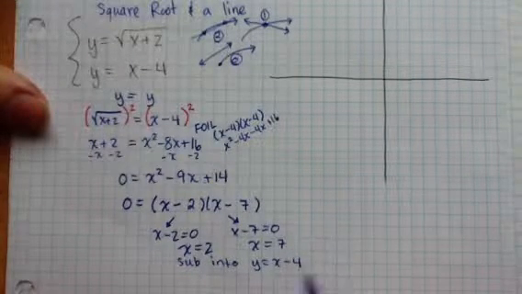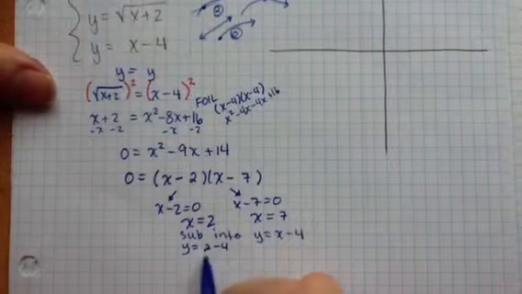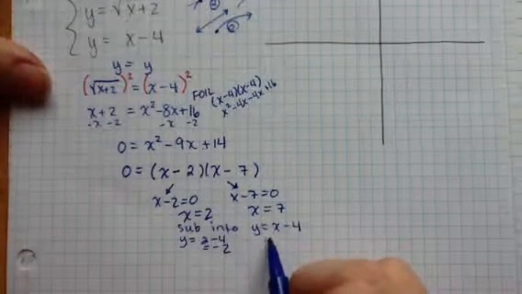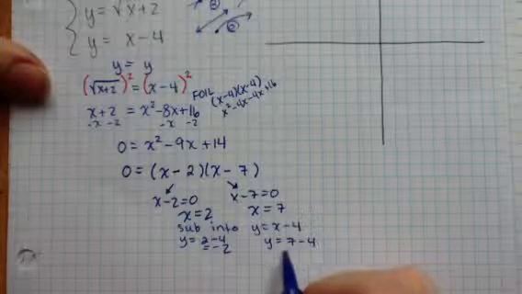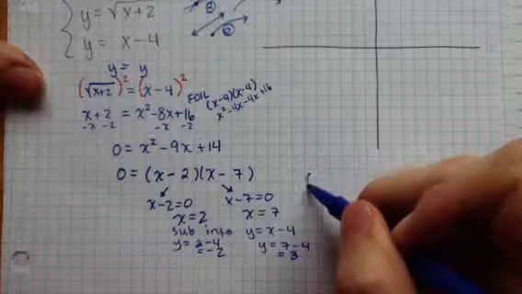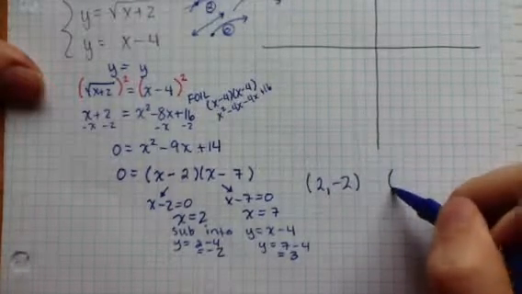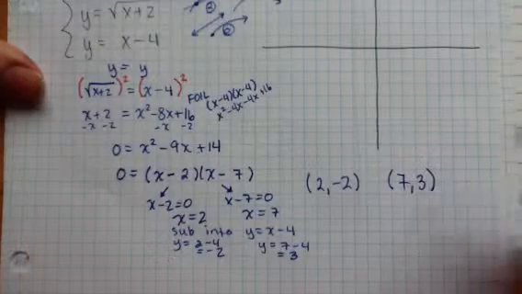So that's going to give me that y equals 2 minus 4, which is negative 2, and y equals 7 minus 4, which is 3. So that gives me two ordered pairs, 2, negative 2, and 7, 3.